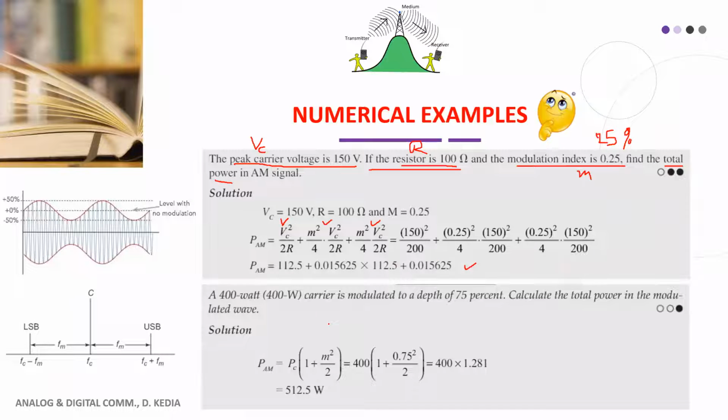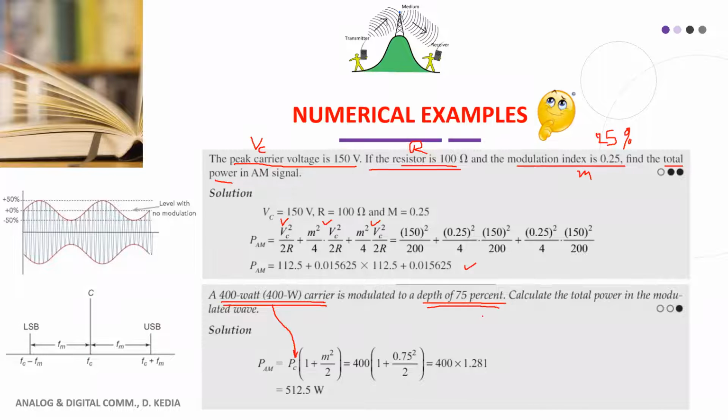Similarly, if we look at one more example, we have a 400 watt carrier. Okay, so the carrier power is given. We are given carrier power, that is PC. Okay, and it is modulated to a depth of 75%. Modulation depth means modulation percentage.